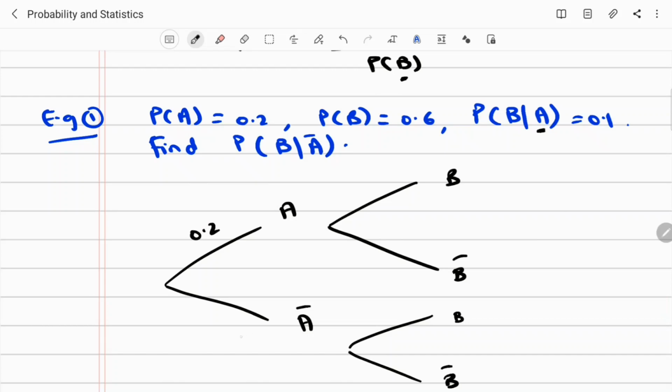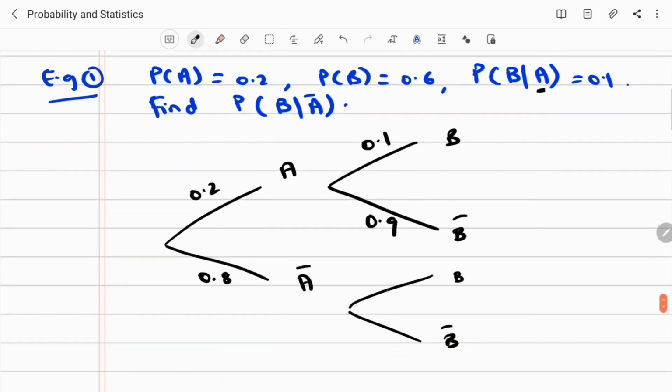A dash would be 1 minus 0.2, which is 0.8. Always the sum of the branches should be equal to 1. Now, we have the probability of B given A has occurred. So here, on this branch where A has occurred, the probability of B would be 0.1. This branch corresponds to B given A. So the other one would be 0.9.